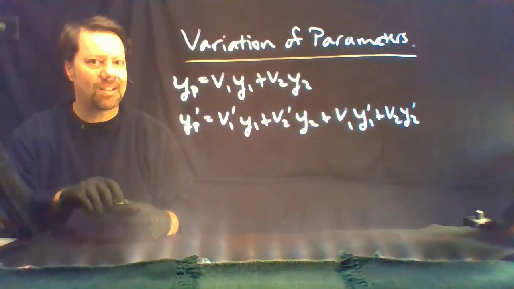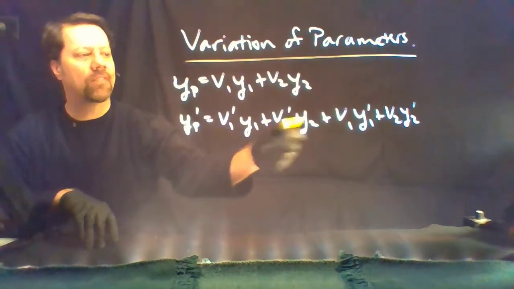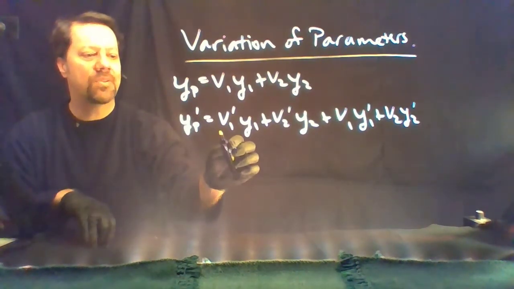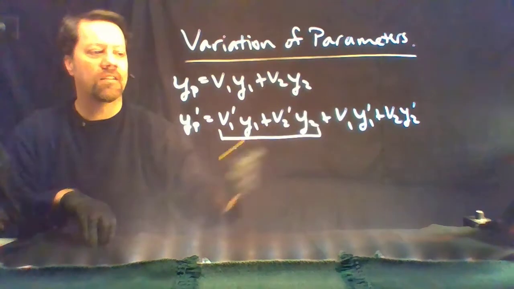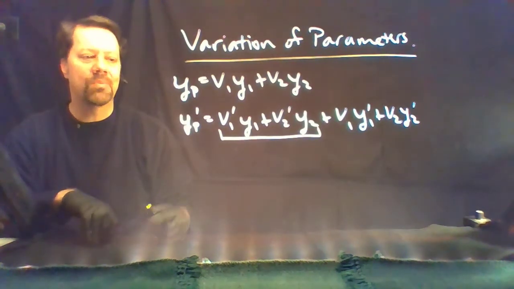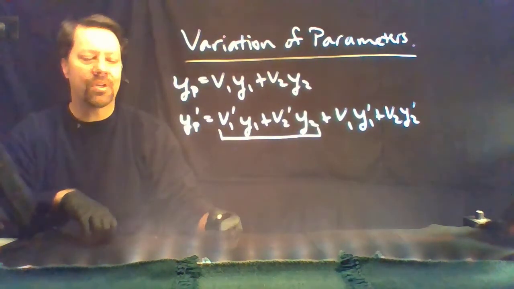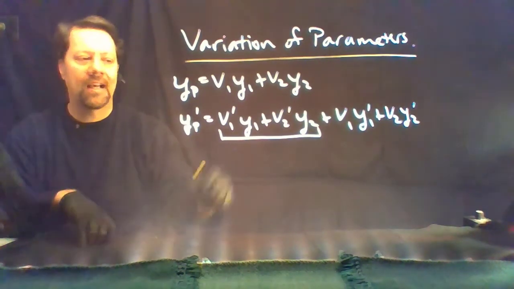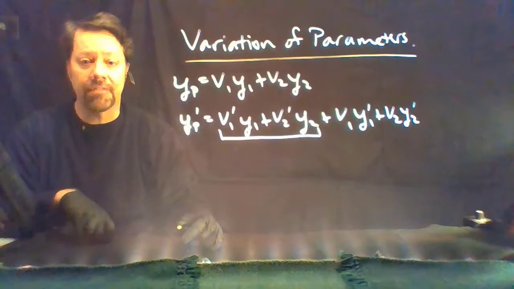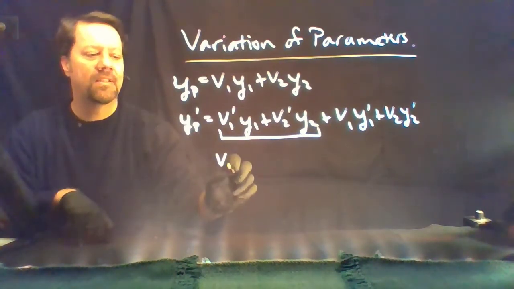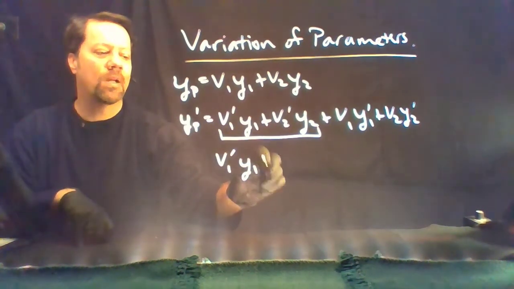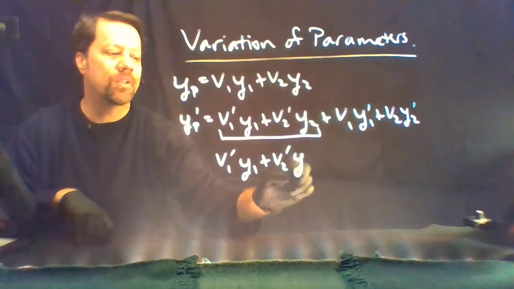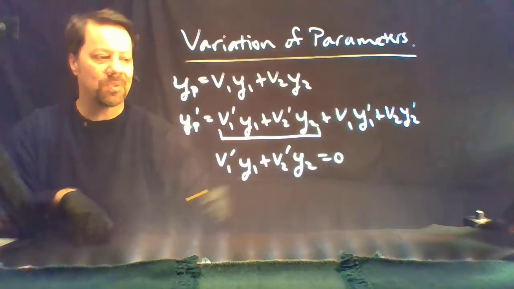We need to calculate one more derivative, and with all of these terms, this is going to be crazy. Since we can impose another differential constraint on v1 and v2, I'm going to assume that these two terms add up to 0. I don't have to assume that. I could assume they add up to some other function if I wish. It's just simple if I write v1 prime y1 plus v2 prime y2 equals 0.